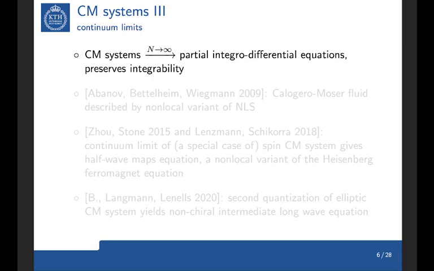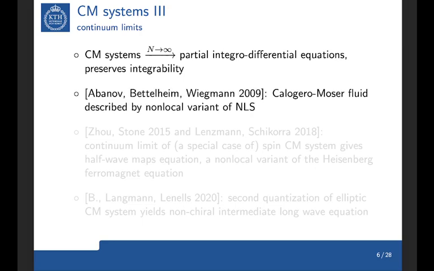By taking this limit in an appropriate way, you can generate equations that describe the continuum dynamics, and in known cases these are partial integral differential equations. So they're non-local equations with singular integral operators. In known cases, importantly, this preserves integrability.